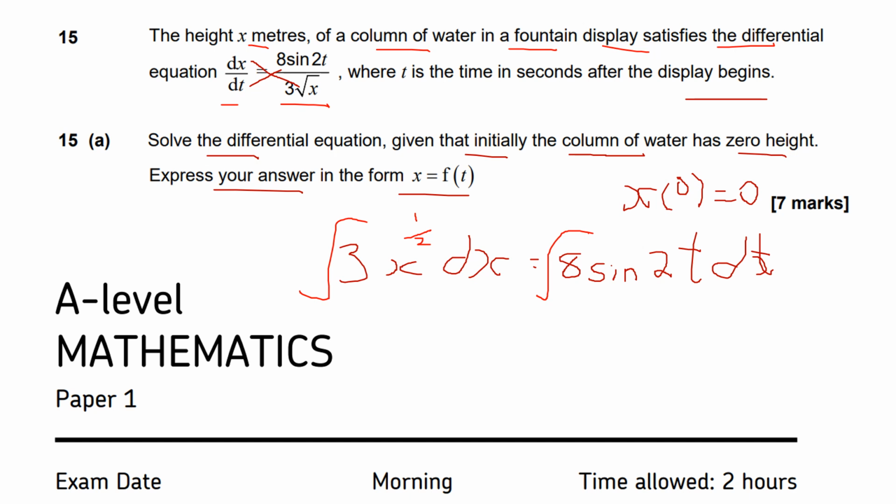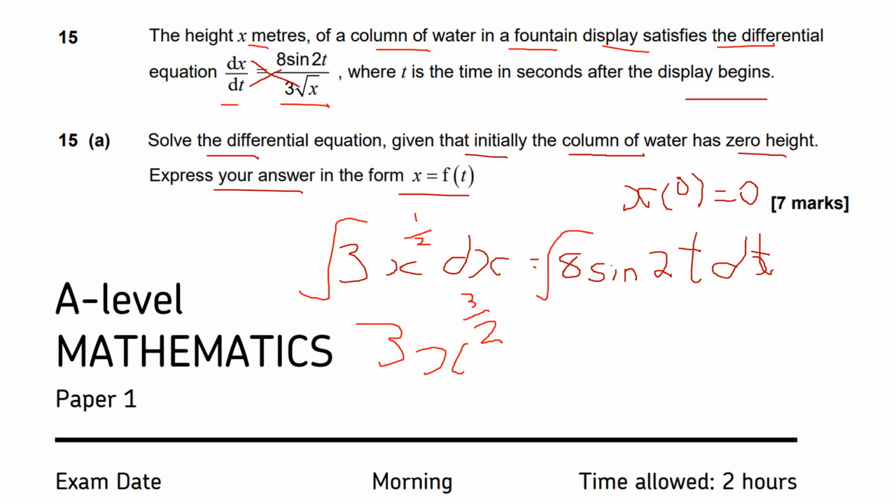I'm going to add 1 to the power and then divide by the new power. So I'm going to have 3x to the 3 halves. Now remember, I'm dividing by that new power. Dividing by 3 halves is the same as multiplying by the reciprocal, so the same as multiplying this by 2/3.